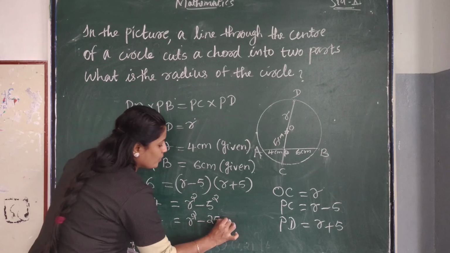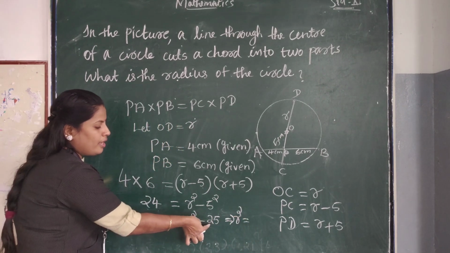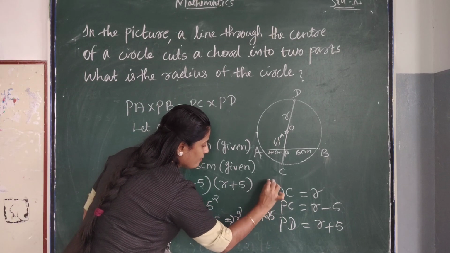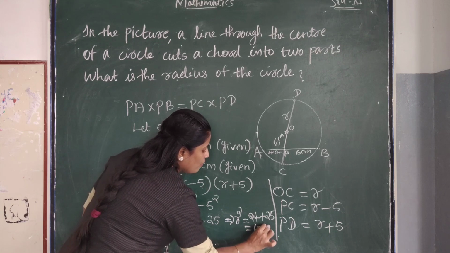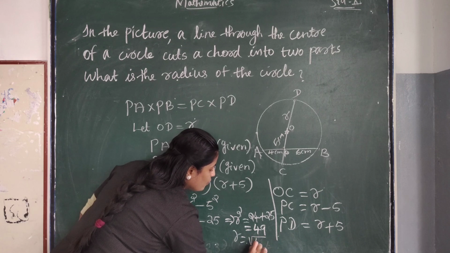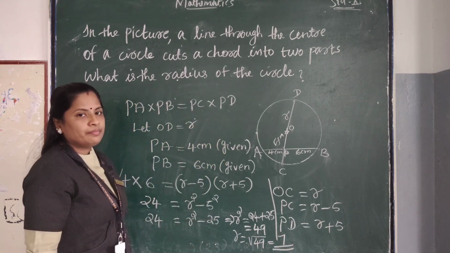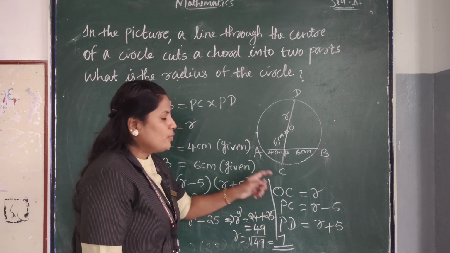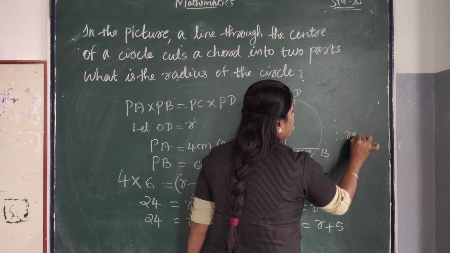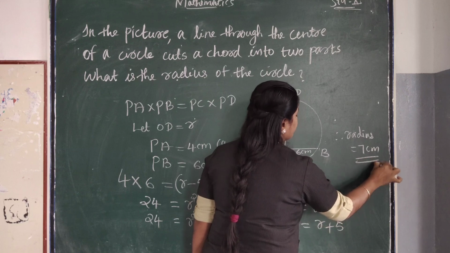So R square equal to 24 plus 25, which is equal to 49. Okay. So R equal to root 49, which is equal to 7. So radius equal to 7 centimeter.